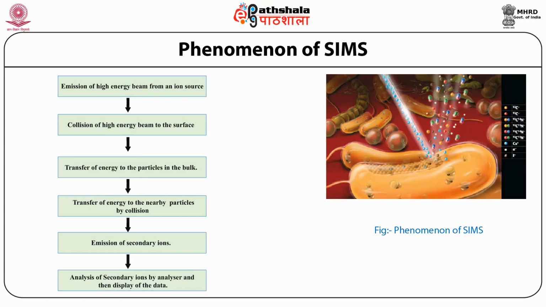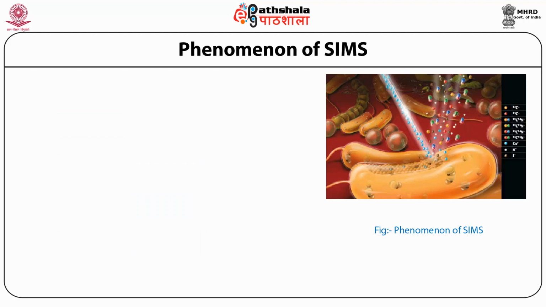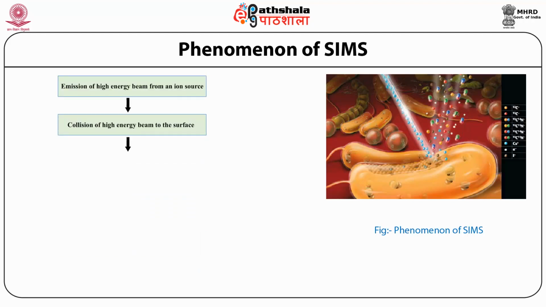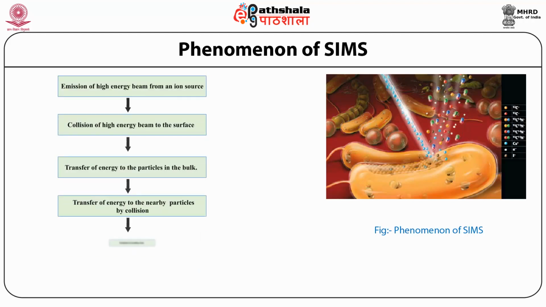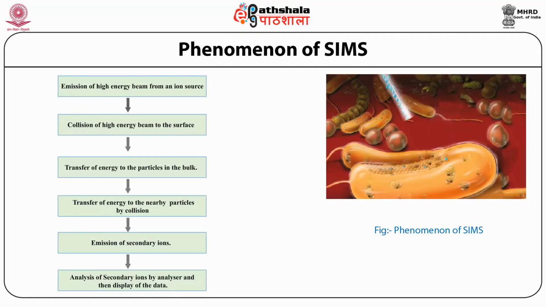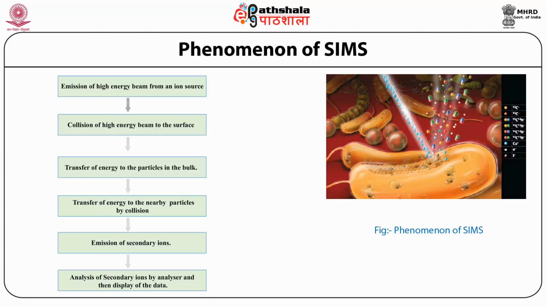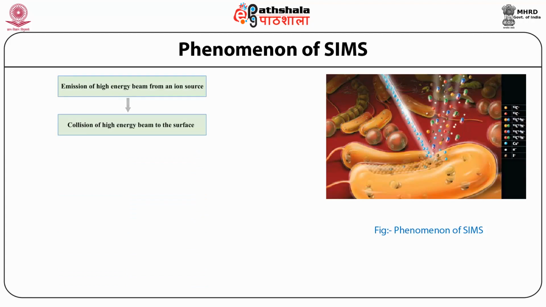Neutral particles and excited clusters also come in. These secondary ions that are emitted are further passed on to the analyzer that can analyze this data, which is displayed on the computer screen.